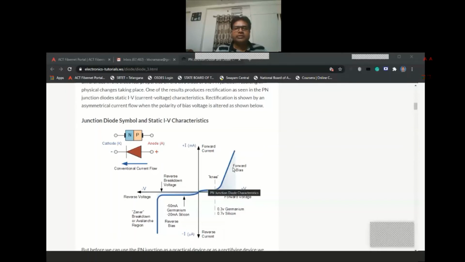In the forward biasing condition, the first quadrant, as the forward voltage is increased, the forward current increases slightly and very gradually because of leakage currents. When the knee voltage is reached, the diode conducts as if it were a closed switch and current increases rapidly.